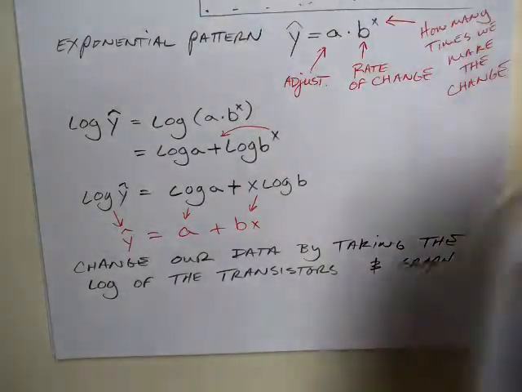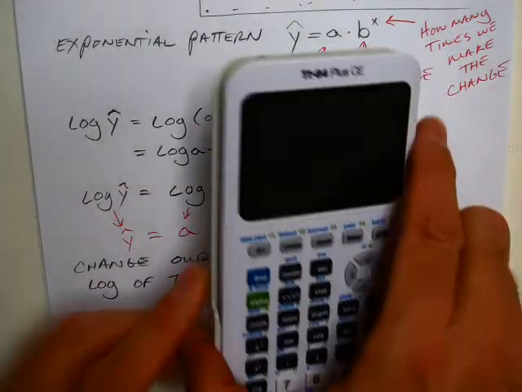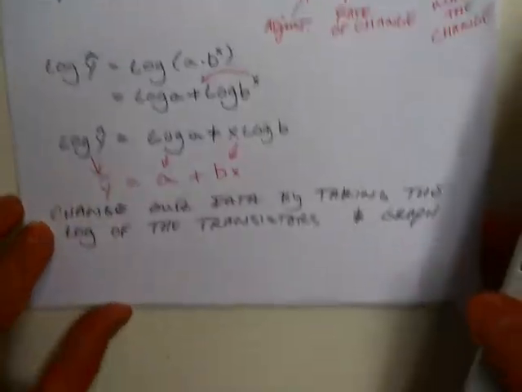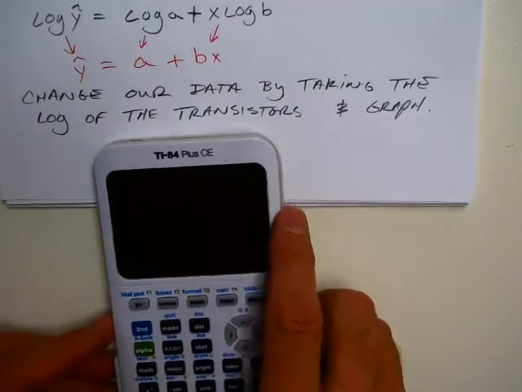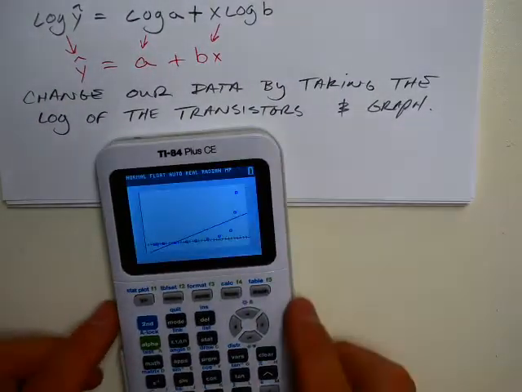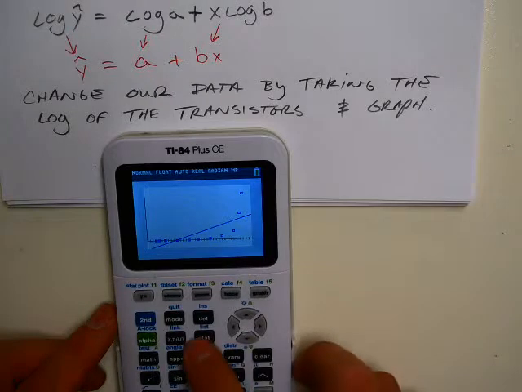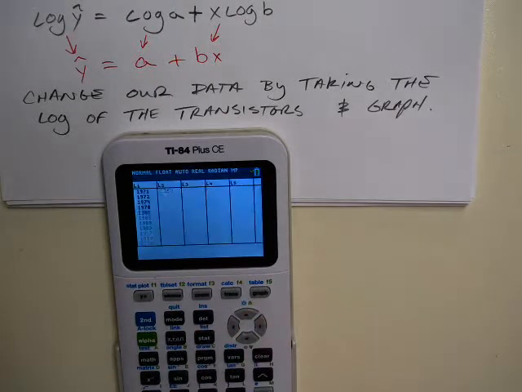I'll need to switch to another page for that. So, going back to the calculator, before I go to the next page here, go to my stat, edit. So the transistors is our L2, and we want to take the log of that. It's far easier in the calculator than it is on paper, okay?